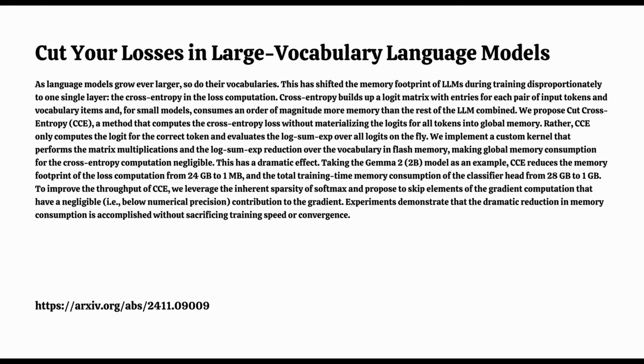And that's because the number of tokens with significant gradients stays pretty much the same. So the benefit might be a little smaller for models with really large hidden dimensions. Yes, but the paper points out that even in those cases, CCE still saves a lot of memory. It's just not quite as dramatic as when the vocabulary size is much bigger than the hidden dimension. So it's still a valuable technique even for those kinds of models.